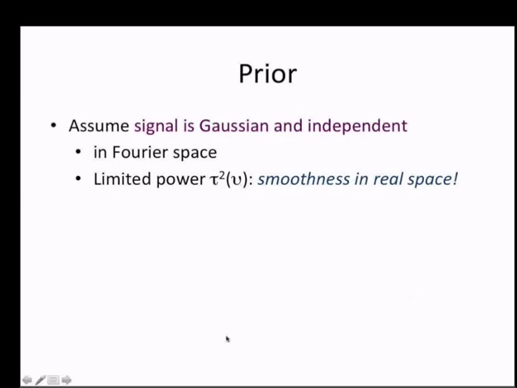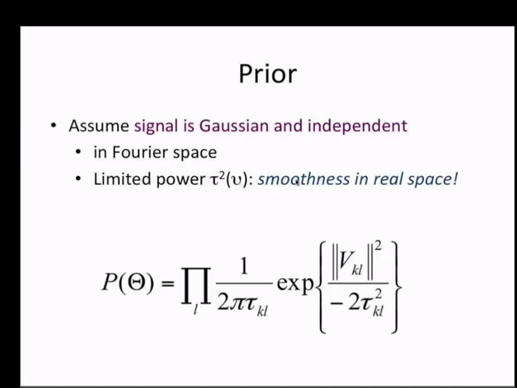But they also have a limited variance, and this is the parameter tau squared here, again expressed as a function of the spatial frequency nu of each of the Fourier components of the map. And by limiting the power of the Fourier components in the reconstruction, we actually impose smoothness in real space. So this is a smoothness prior in real space, by limiting the power of the reconstruction in the Fourier domain.